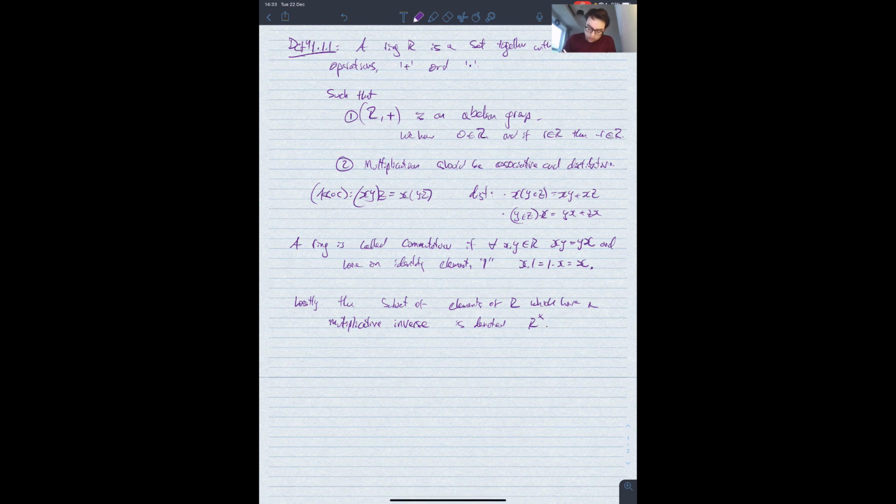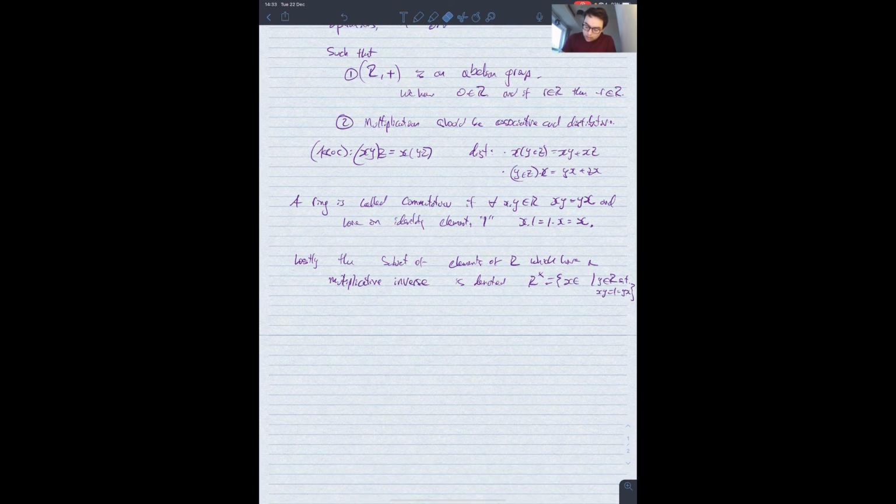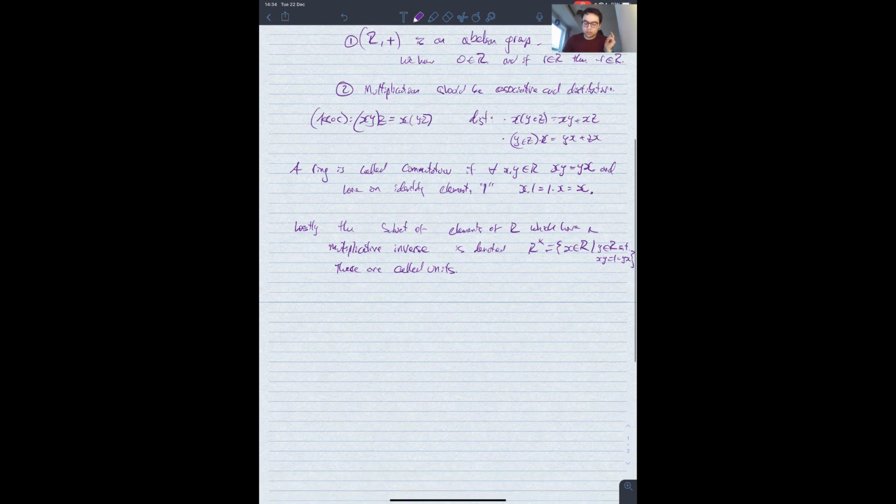So these are all the elements x in R such that there exists a y in R such that xy equals 1, which also equals yx, because I'm assuming my rings are commutative. So these are a set of units. These are called units of our ring.